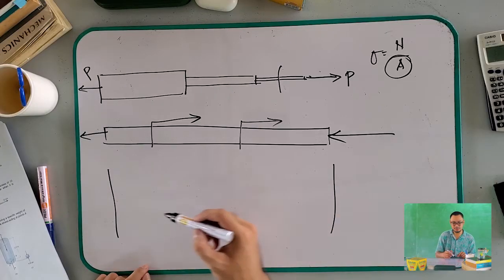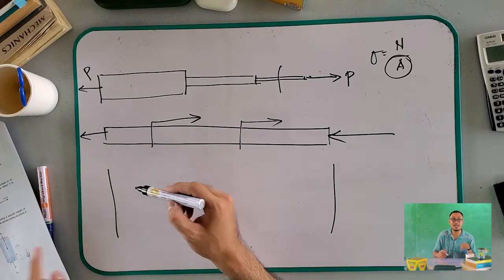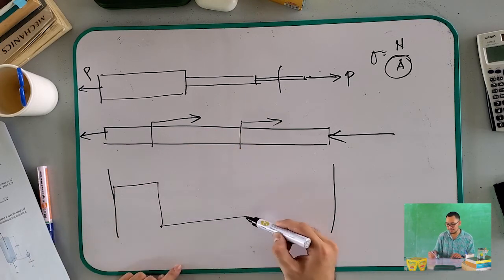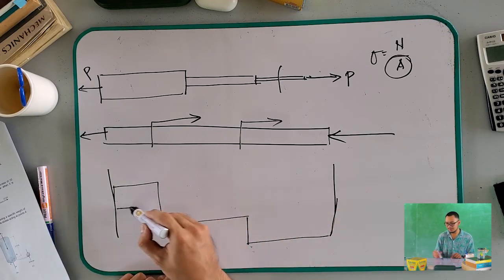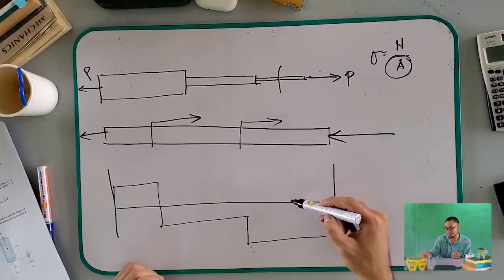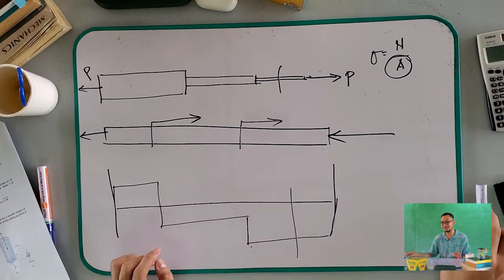In this case, we look at the behavior of the normal force in each segment, which we will do by graphing. Assuming the left direction is positive, it goes up, then goes down, then goes back to 0. Then we locate the maximum normal stress, which in this case I guess is here because it has the biggest value. We will have an example of that later on for you to understand it further.